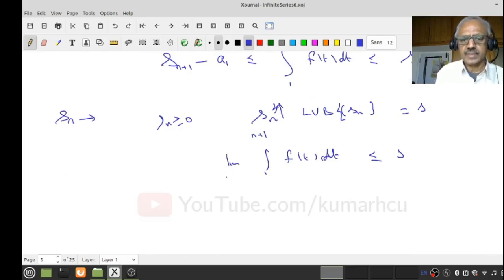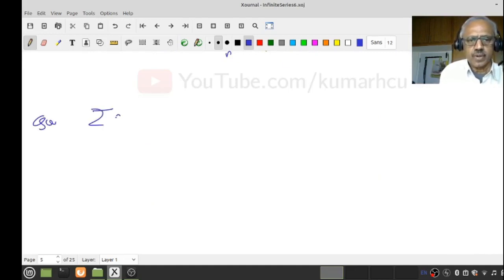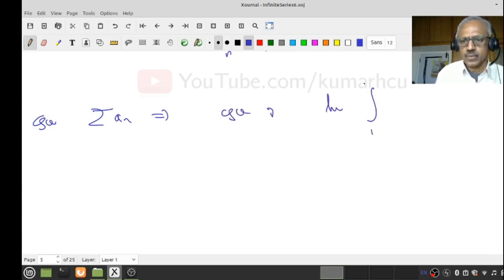Therefore the limit as n goes to infinity will also be less than or equal to S, because this is an increasing sequence of non-negative real numbers bounded above by S, therefore it converges. So what have we shown? Convergence of the series implies convergence of the limit of the integral from 1 to n of f(t) dt.